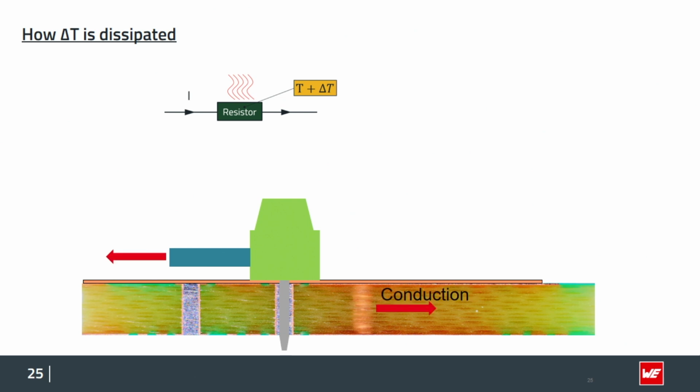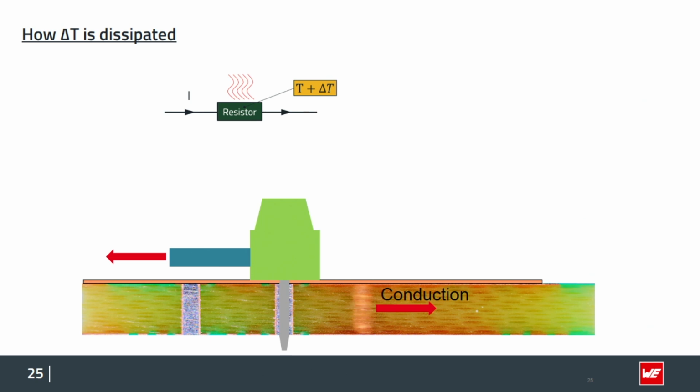We heard about conduction, so this is going through the cable. This is very important to understand. The copper cable usually takes away a lot of heat, and the conduction in the FR4, the PCB material, also takes some of the heat away.